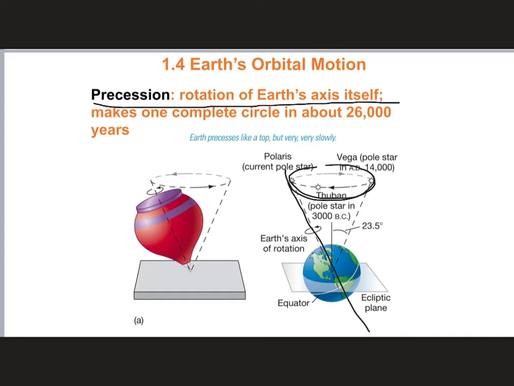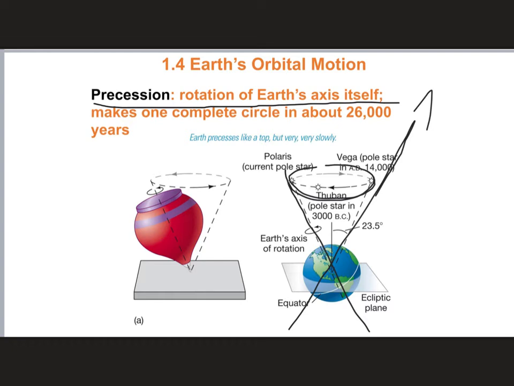Now, what's the effect of this? 26,000 years is how long it takes to go through the complete cone. That means that in 13,000 years, or half of that, the Earth's axis is going to be pointing in that direction. It would be basically on the opposite side.